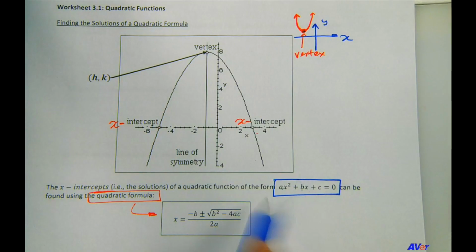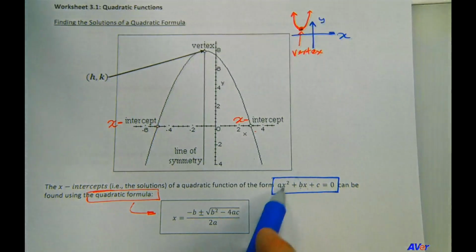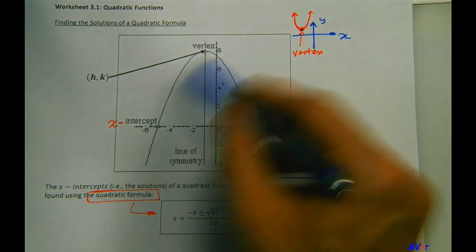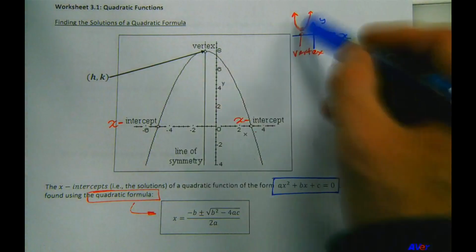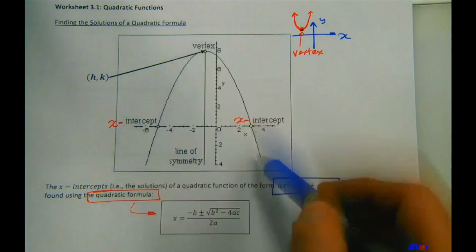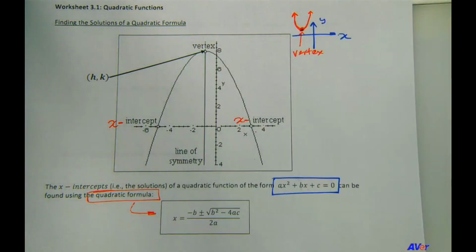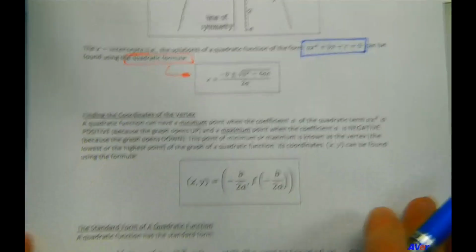So the coefficient of the quadratic term, x squared, will tell you whether you have this kind or this kind of graph, whether you have a maximum or a minimum point. That's what this paragraph is talking about.